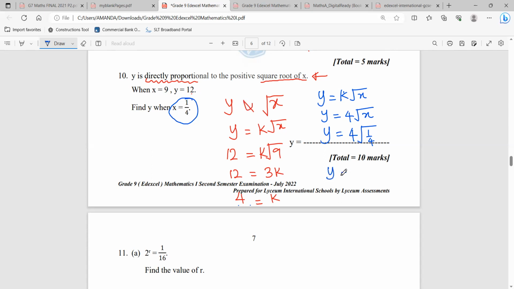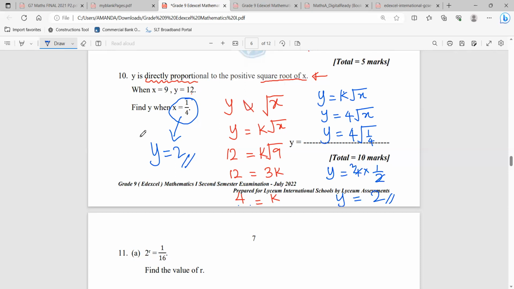So y equals 4 times, now the square root goes half. Very easy. Now so y is 2 times 1 is 2. So when x is 1/4, y is going to be 2. That's the answer. Right. So we have done that.